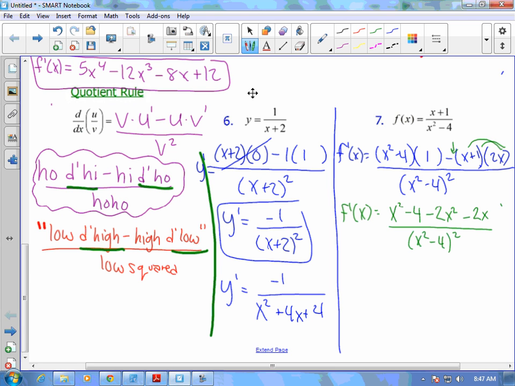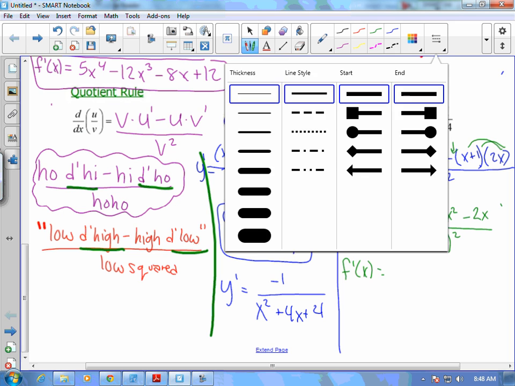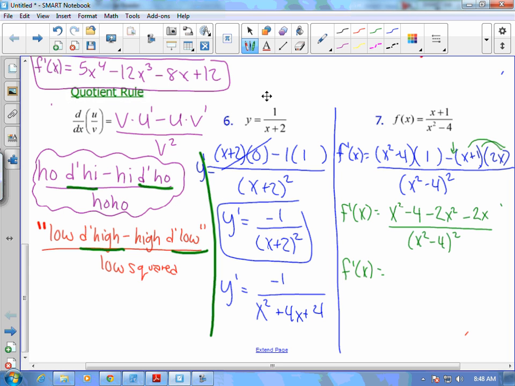Ho D high minus high D ho over ho ho. Do you see any like terms? Yeah, we have some like terms. F prime of x equals, change my color. My highest degree, I have like terms. 1 minus 2 would be negative 1x squared minus 2x minus 4, over x squared minus 4 squared.